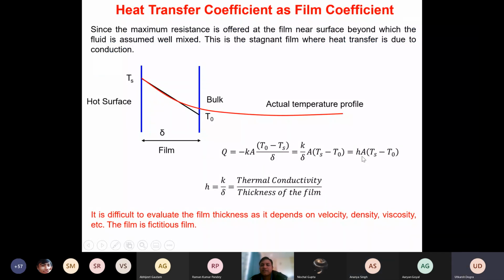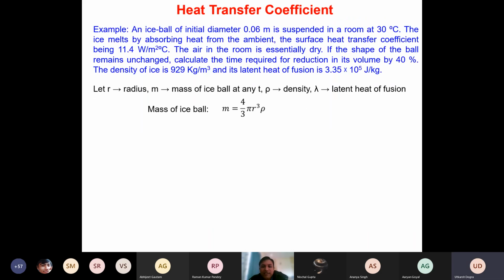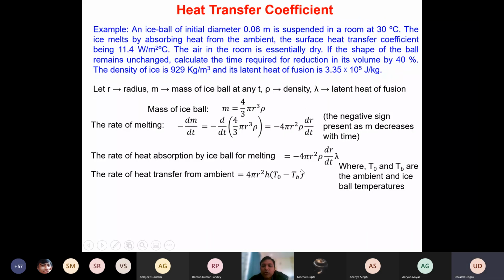Sir, but area is varying. What is this A going to be? This A is going to be the area of the ball at that time, isn't it? Correct. And what you are saying is we have to integrate. Yes, but that is what we are going to do here.